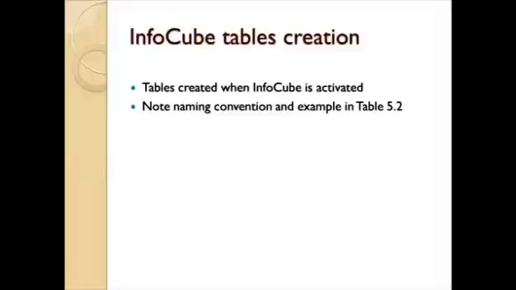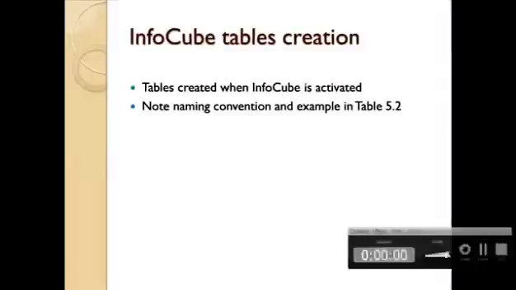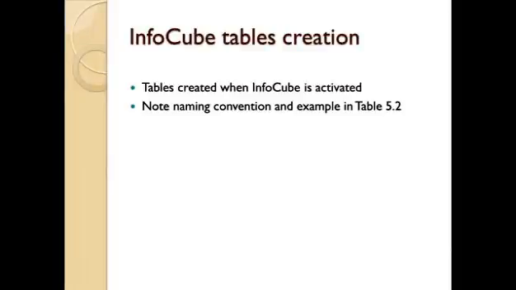I do want to call your attention to the naming convention for the tables in table 5.2. Yeah, page 168. For the dimension tables, remember we can define how many dimensions on our own.